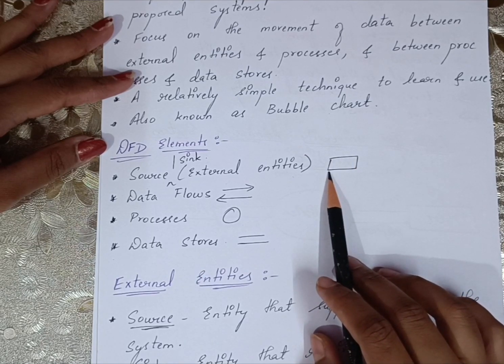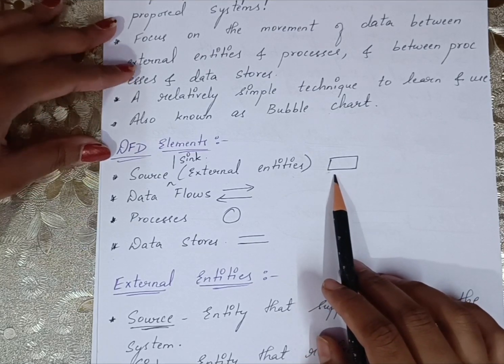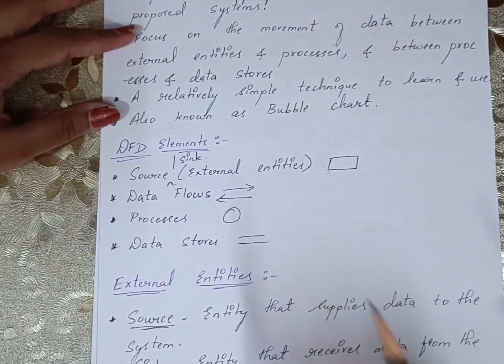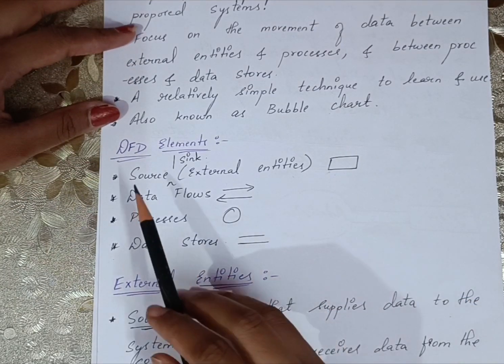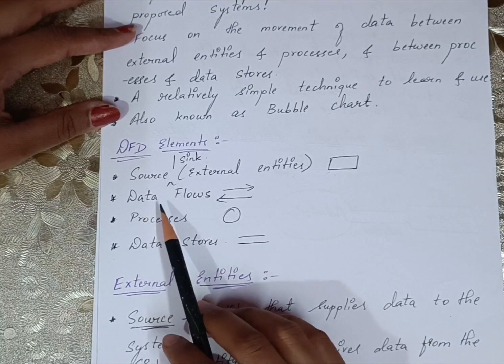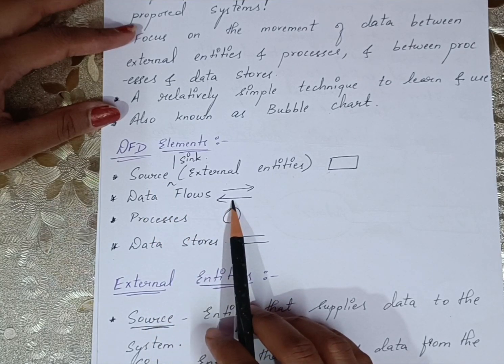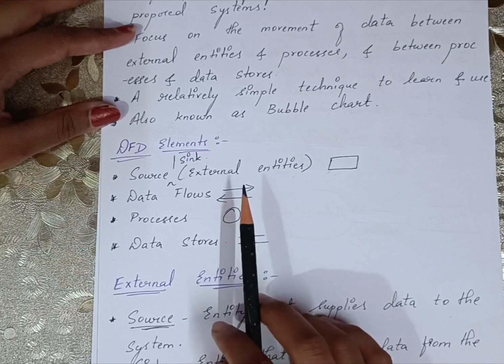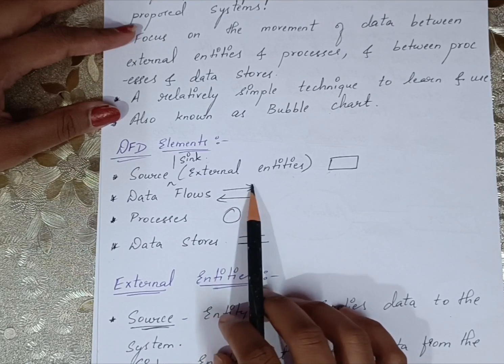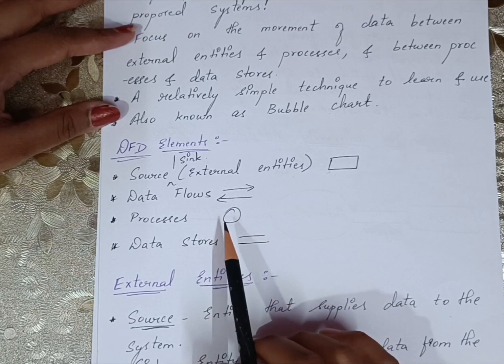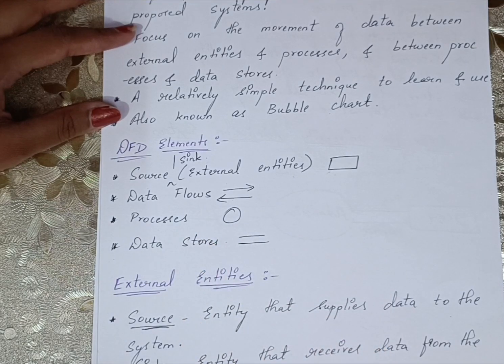Same symbol we use for entities in entity relationship diagram. So this next symbol is the data flows, which represents, with these two arrows, the flow of data of an application.